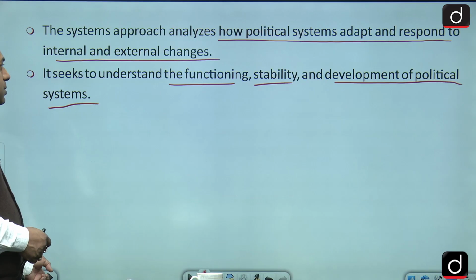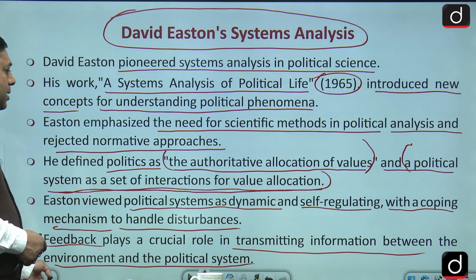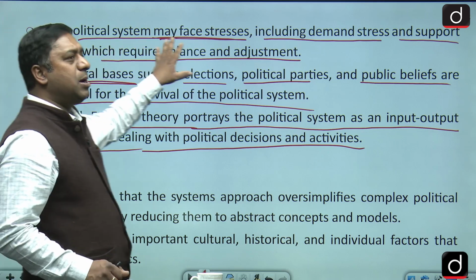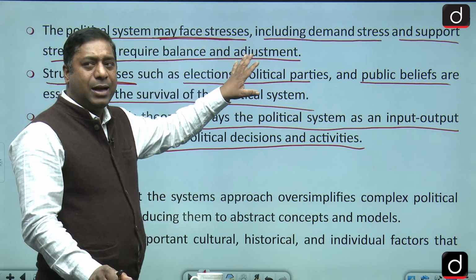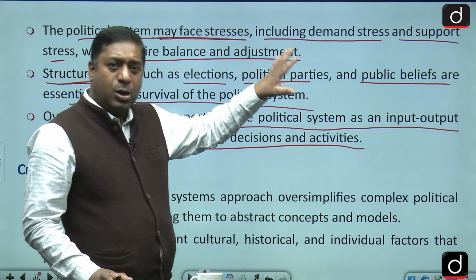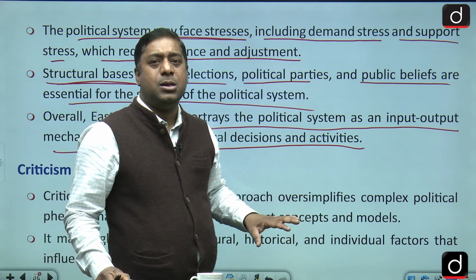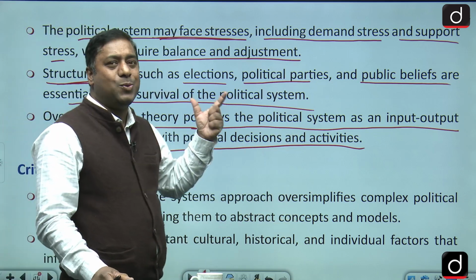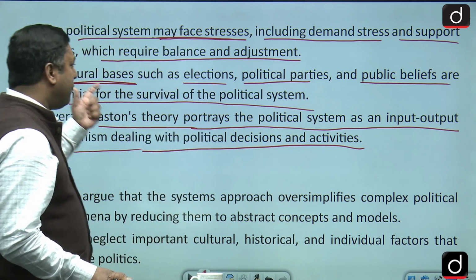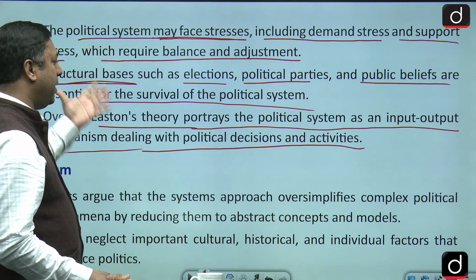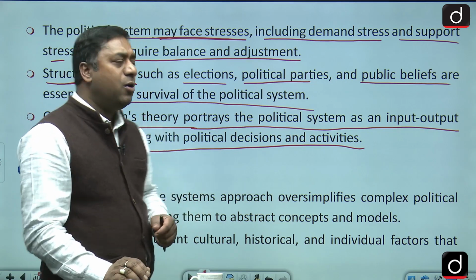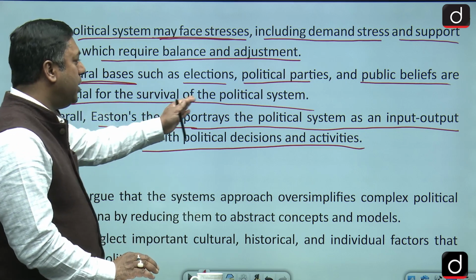In this systems analysis, he says the political system may face stress like demand stress and support stress, but what is very important is that it needs balance as well as adjustment. Apart from that, there are structural bases, which are very essential for the survival of the political system.